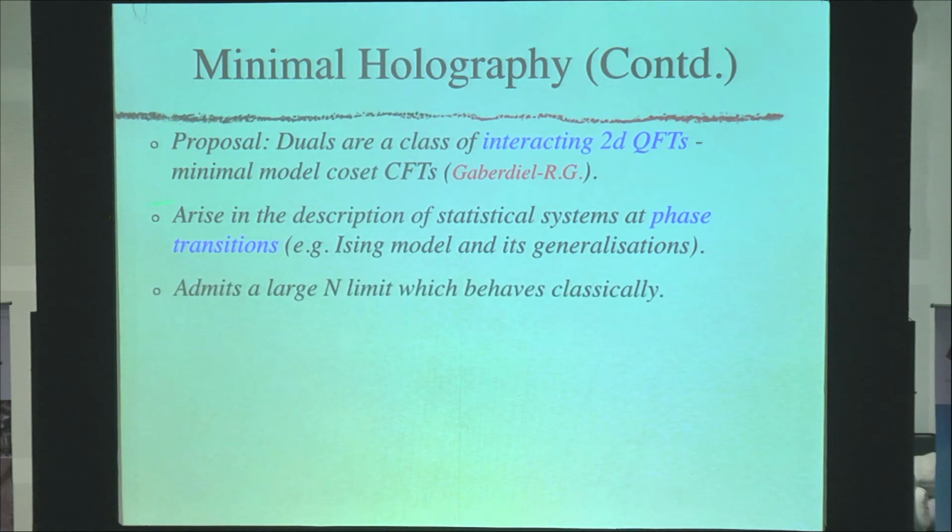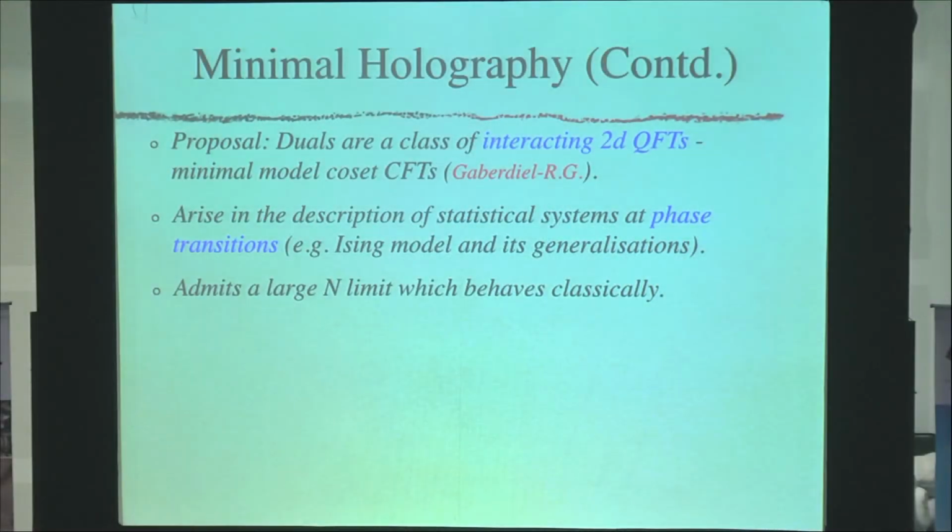Moreover, there's a family of these CFTs labeled by an integer n, which is a measure of the number of degrees of freedom of the system. And the surprising thing is that these admit a large n limit which behaves classically in many ways. This is along the lines of the classical behavior of the large n limit of many of the other quantum field theories that appear in these Maldacena conjectures, but it was unexplored in this context earlier.